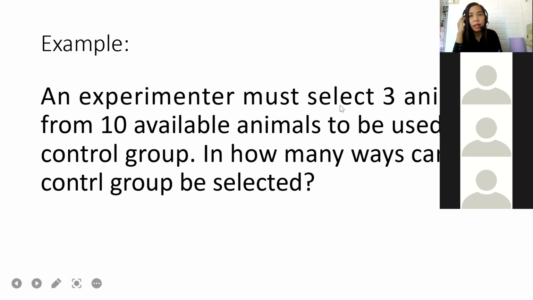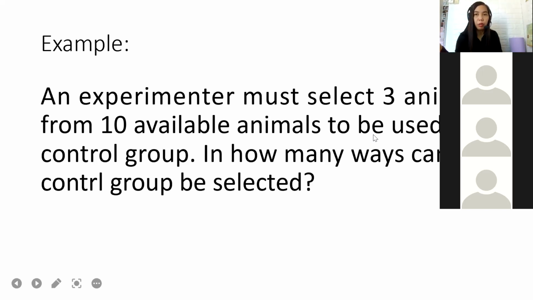There's a two-word select. And when we are talking about animals, hindi naman sinabi kung sino ang kailangang mauna sa kanila. Basta sinabing kailangan niyang mamili ng tatlong animals sa 10. It doesn't matter kung sino man ang mauna sa kanila. So it means it's a combination problem.